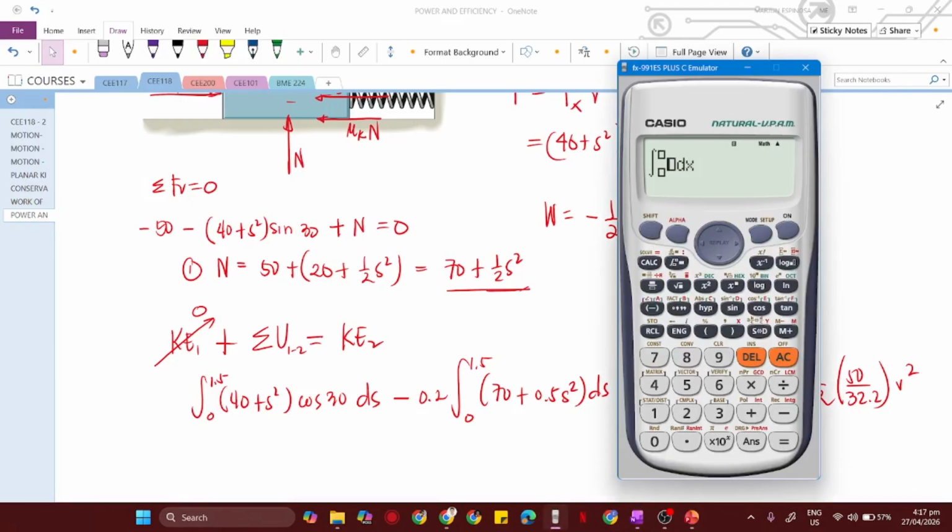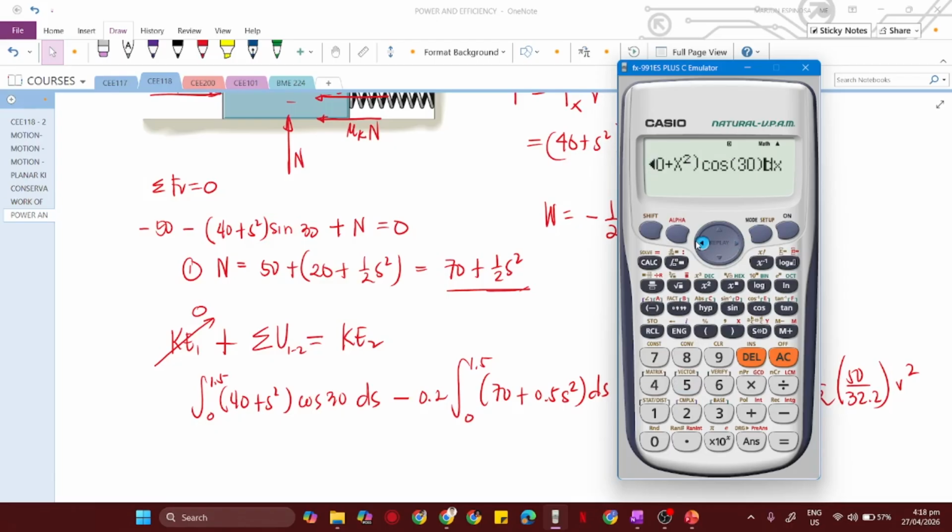Now, kunin natin yung calculator. Let's try to evaluate this one. That is 40 plus x square. And then, that is cosine of 30 degree. Okay, as you can see, naka-radian mode ako kasi previously nag-radian mode kami. So, I need to convert that to degree. So, make sure din tama yung mode ng calculator nyo, no? Kasi kapag hindi, goodbye. Okay?